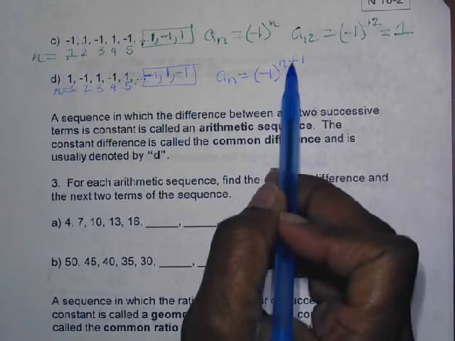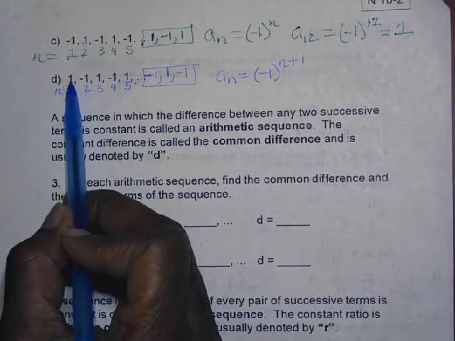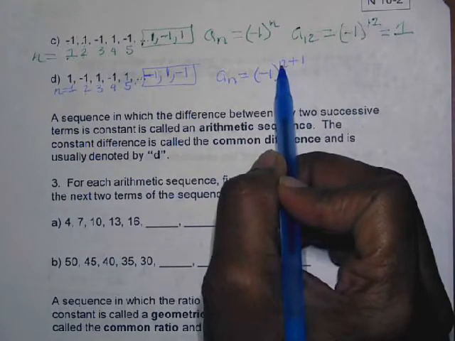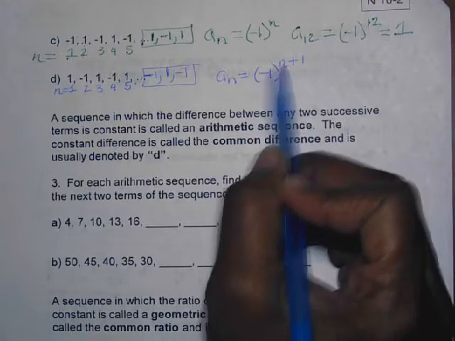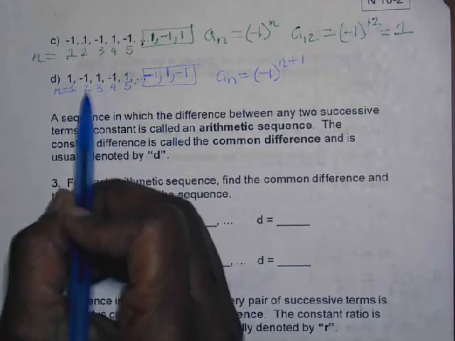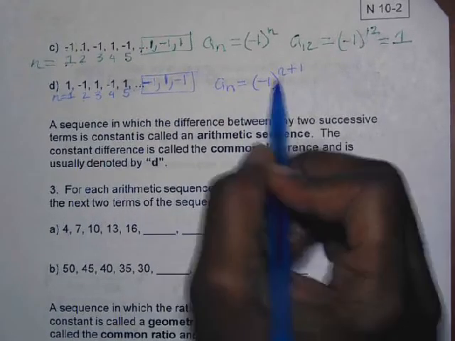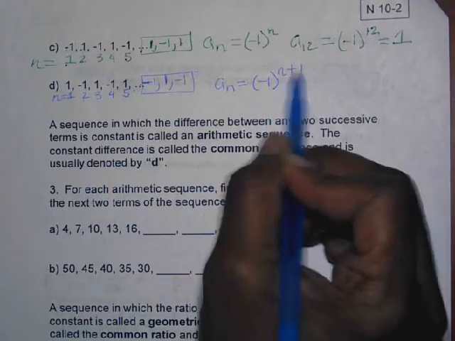Because 1 plus 1 is 2. -1 squared is 1, right? If I put a 2 right here, 2 plus 1 is 3. Negative 1 to the third power is negative 1. If I put a 3 right here, 3 plus 1 is 4.